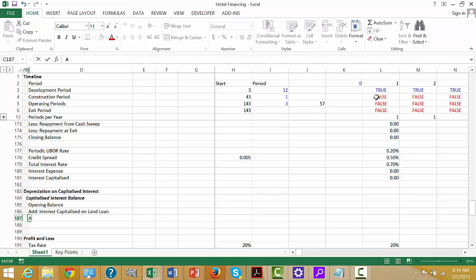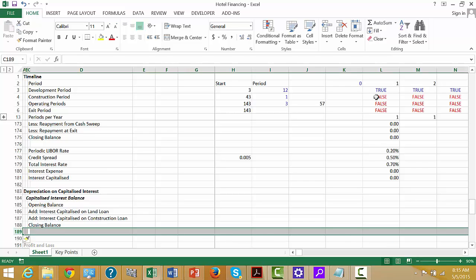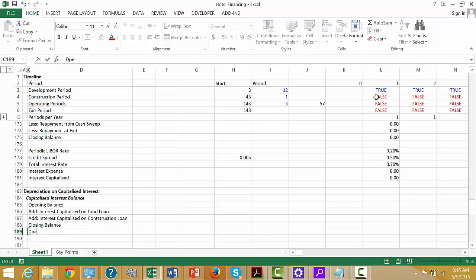Add the interest capitalized on the construction loan. And put a closing balance. Now, then we can put our depreciation rate. Right, and finally, let's put the depreciation expense. No, let's just put the depreciation expense.